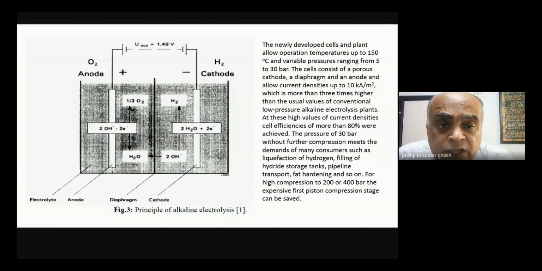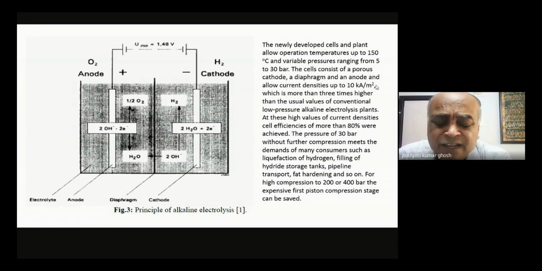And today, you can operate these things at a current density of 10 kiloampere per meter squared. So 10 kiloampere means 10,000 ampere, and meter squared is 100 centimeter into 100 centimeter, which is 10,000 centimeter squared. So it becomes 1 amp per centimeter squared, which is fabulous.